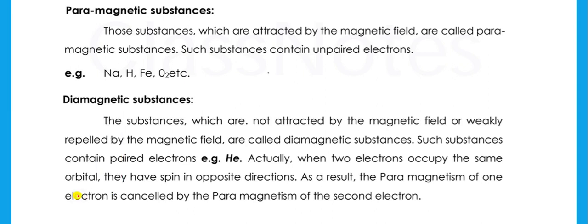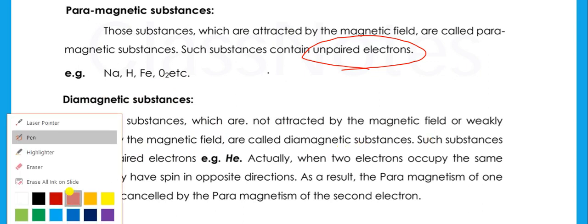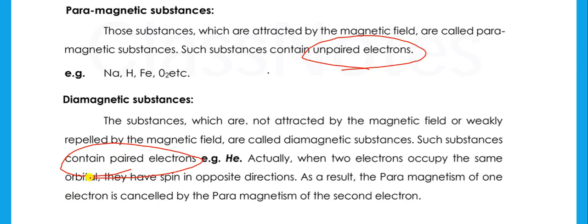Those substances which are attracted by a magnetic field are called paramagnetic substances, and this attraction is due to unpaired electrons present in them. Examples are sodium metal, hydrogen, iron metal, oxygen. And diamagnetic substances are the substances which are not attracted by a magnetic field or are weakly repelled by it, and this is due to the paired electrons in them.